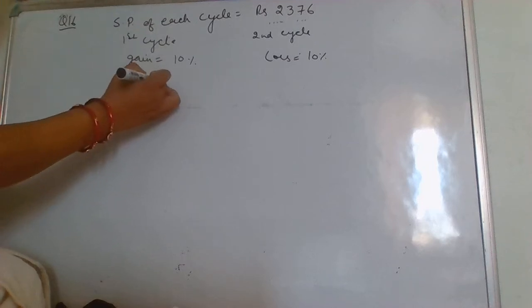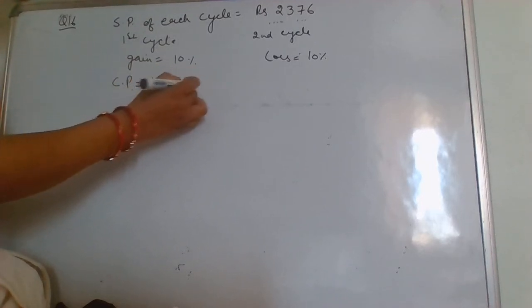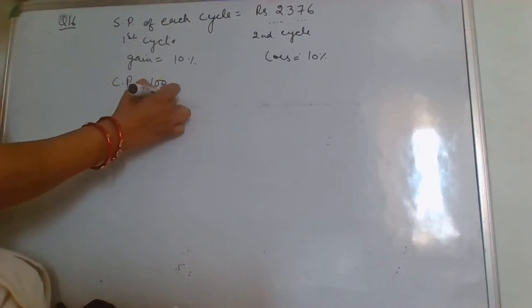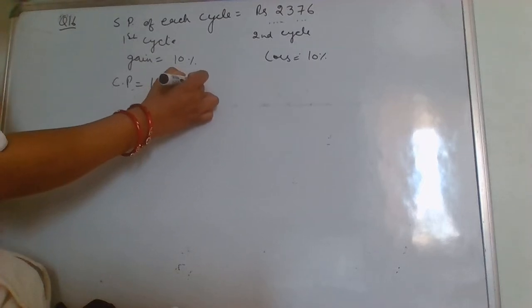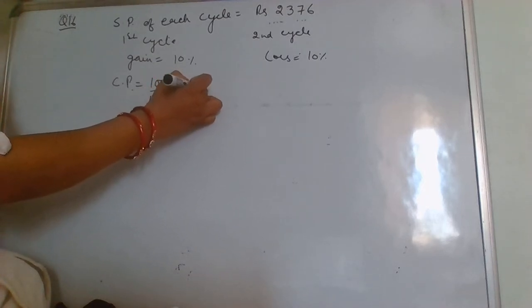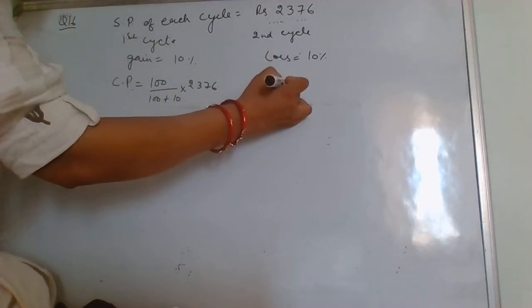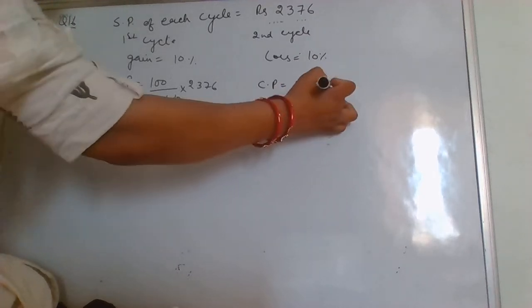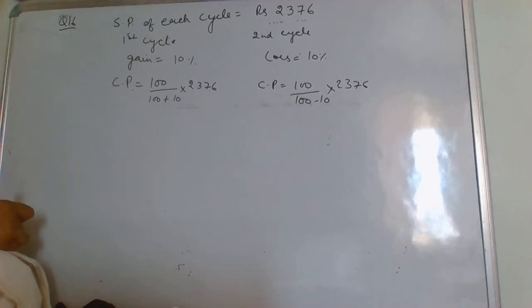CP is equal to 100 by 100 plus gain percent, that is 10, into selling price. So I could write 2376. And for the other cycle, CP is equal to 100 by 100 minus loss percent, that is 10, into 2376. Now I will add these two cost prices and add the selling prices of both.